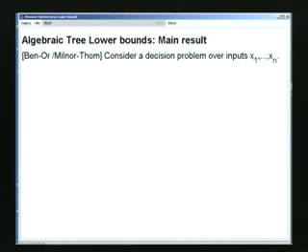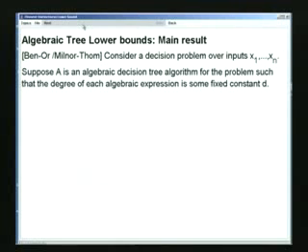We have a decision problem over inputs x1 to xn. By a decision problem, we simply mean a problem whose answer is yes or no, just like element distinctness. Suppose A is an algebraic decision tree algorithm for the problem such that the degree of each algebraic expression is some fixed constant d. So x1 squared plus x2 squared would be degree 2.